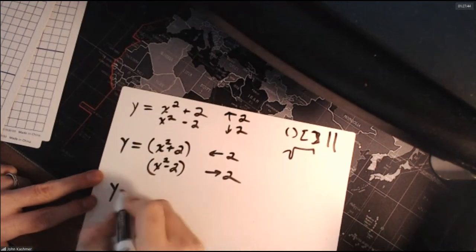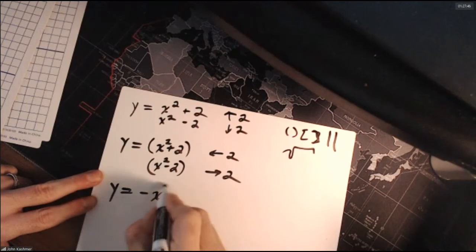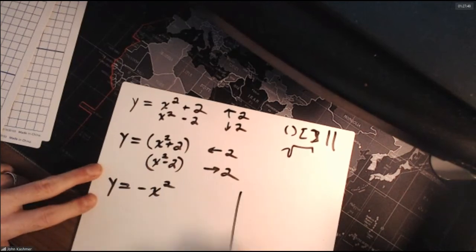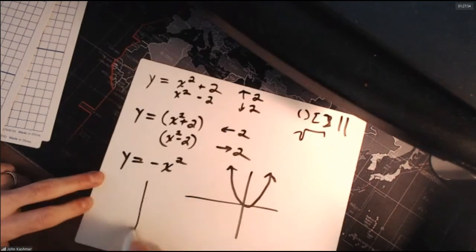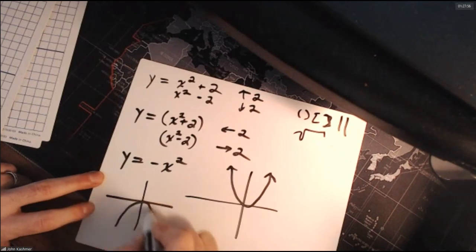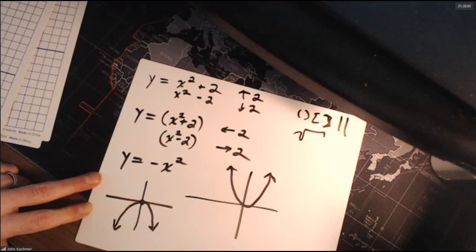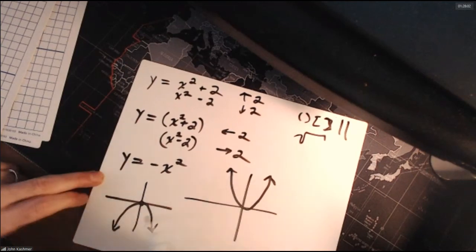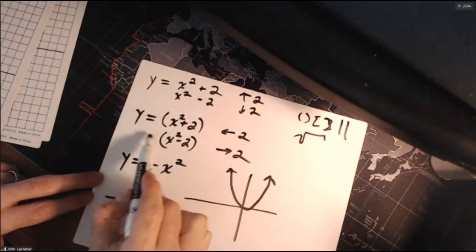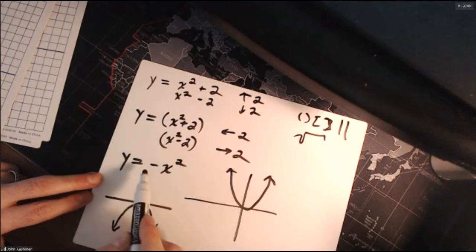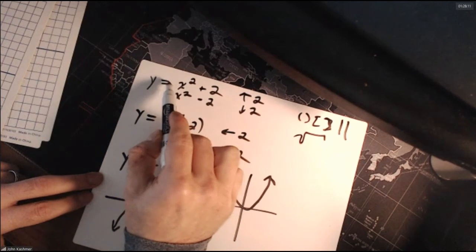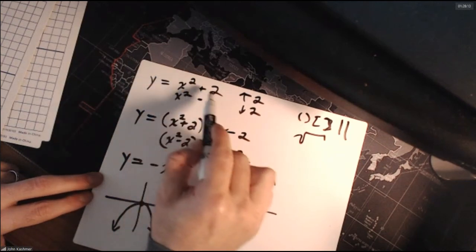Now, if you have a negative in front of the x squared, it's the same thing. That would be your parent graph, okay? But the negative means it opens down, so it literally just flips it, but it still has the same anchor point, okay? And you'll see different combinations. You may see a negative in front of a grouping symbol, or you may see a negative just in front of the x squared in general, but it may still have a plus 2.